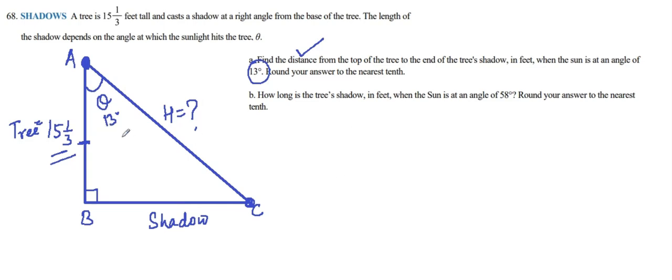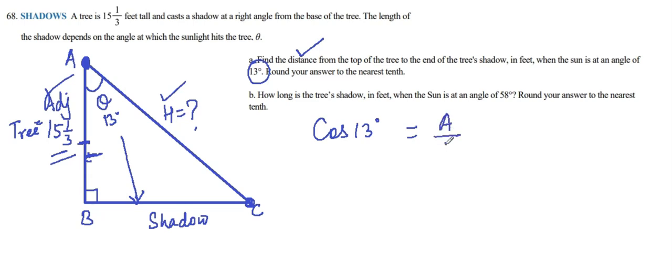Sorry, this is opposite, so this will be adjacent. This line AB is adjacent, because theta is here now. The opposite is the shadow. So we have adjacent and hypotenuse, which is cosine. So cosine theta is equal to adjacent over hypotenuse.